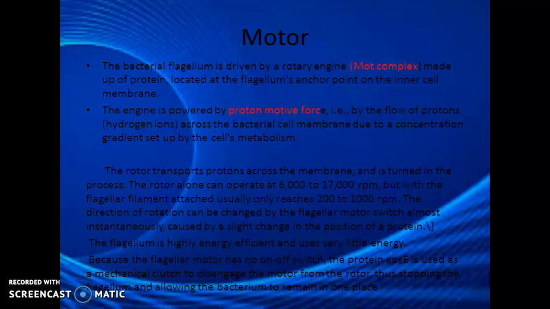The flagellum is highly energy efficient and uses very little energy. A protein called EpsE is used as a mechanical clutch to disengage the motor from the rotor, thus stopping the flagellum and allowing the bacteria to remain in one place.